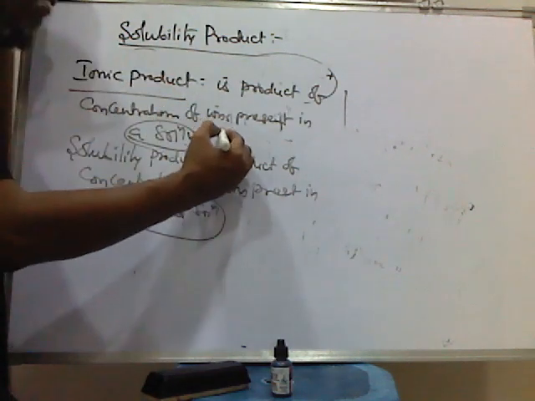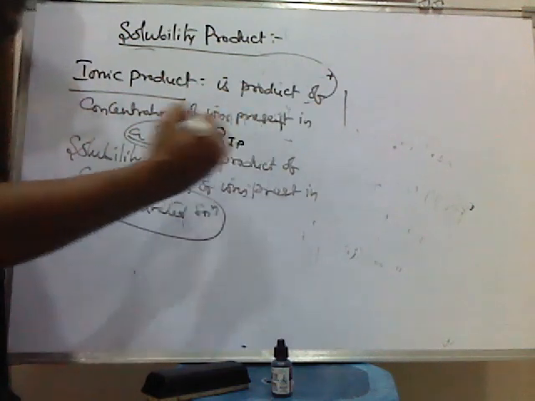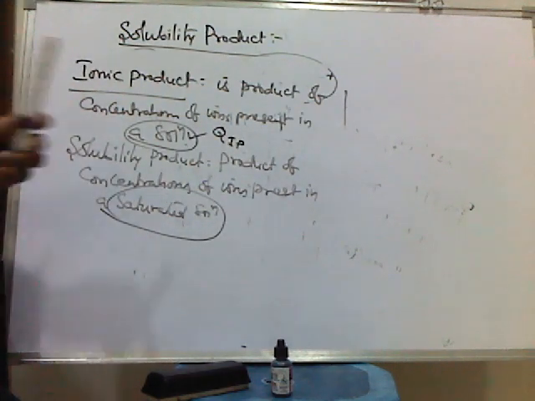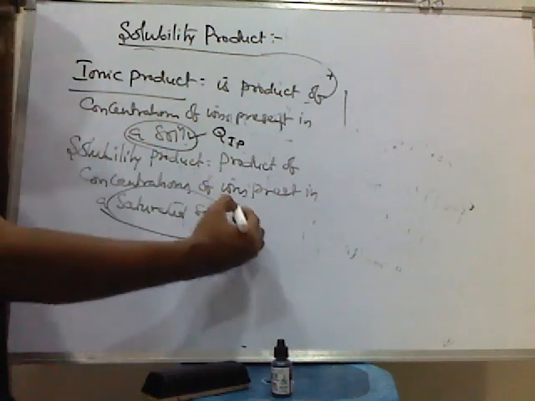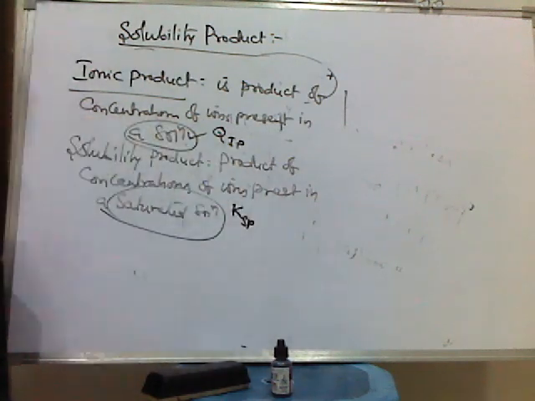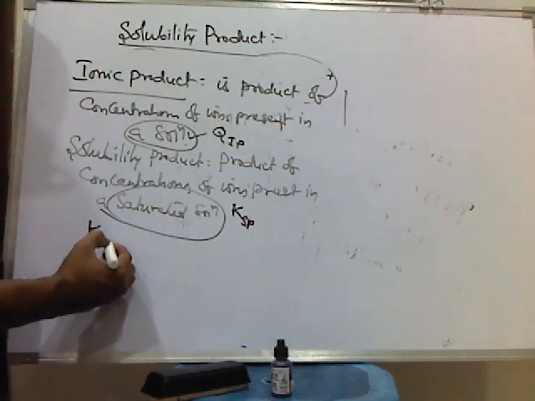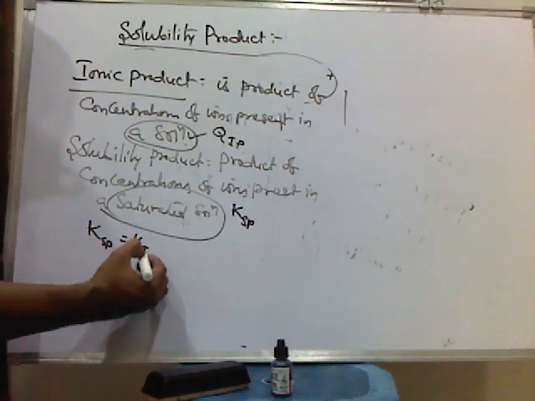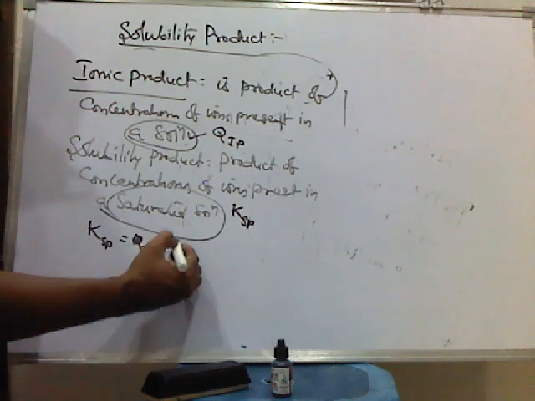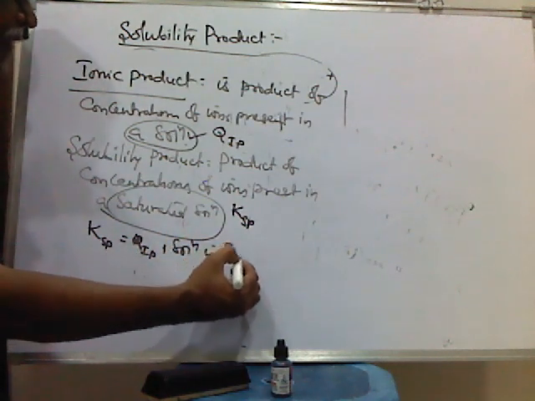Generally, ionic product is denoted as Qip, whereas solubility product is denoted as Ksp. If Ksp is equal to Qip, then the solution is saturated.